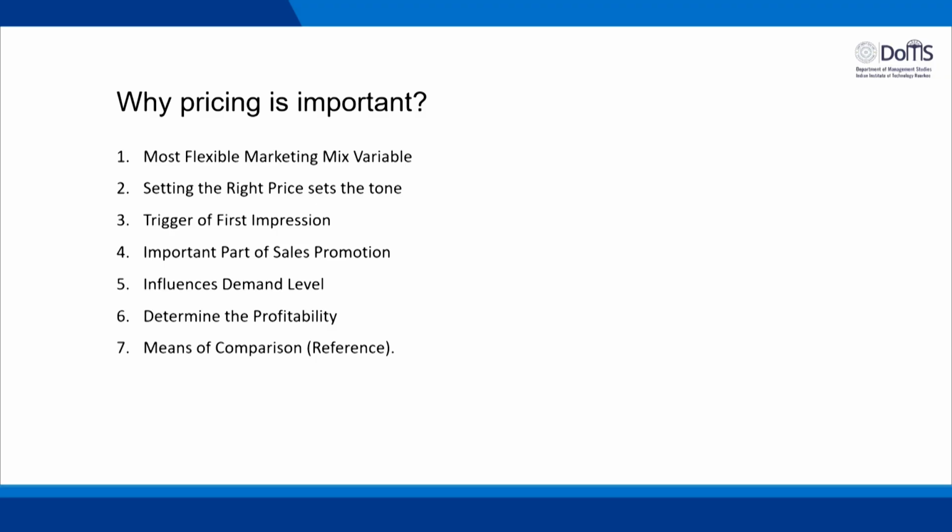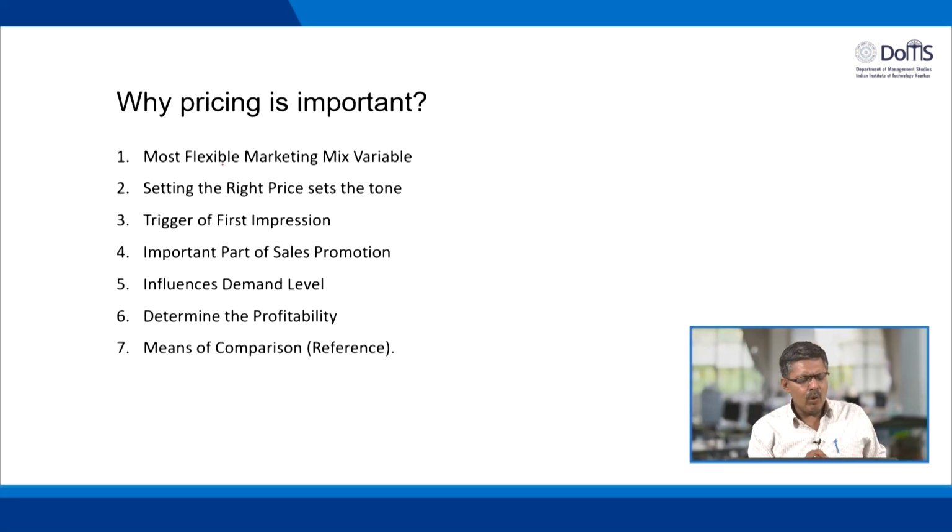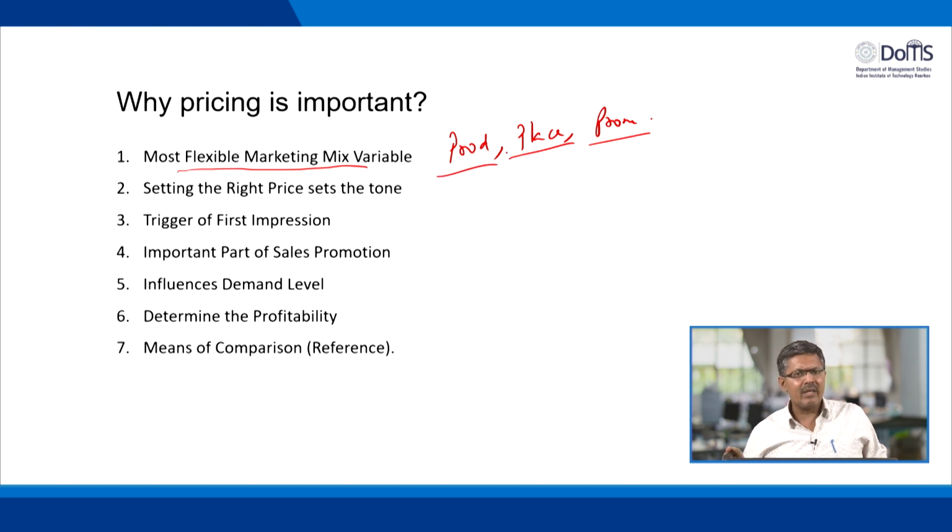Why is pricing important? Because, as we said, it is the most flexible marketing mix element when you compare it with product, place or promotion. You can change the price, but you cannot change your distribution, your advertisement communication, or even the product design very easily.